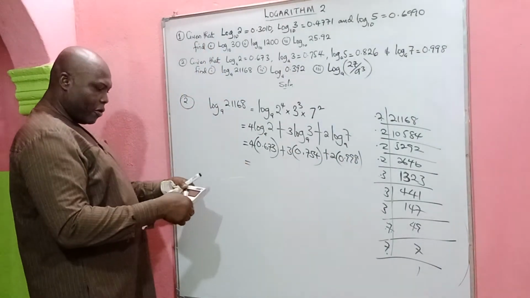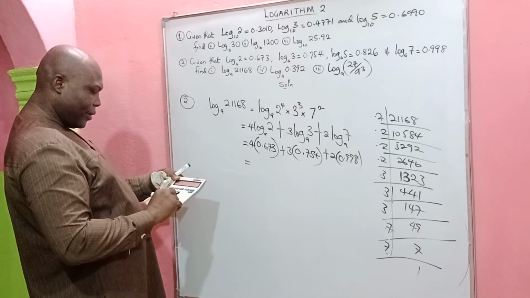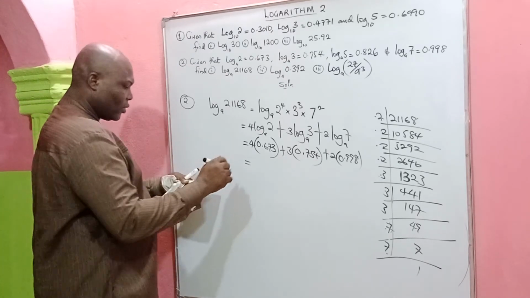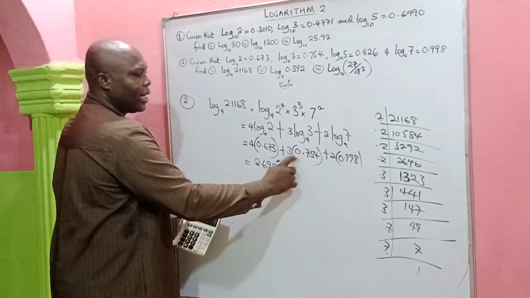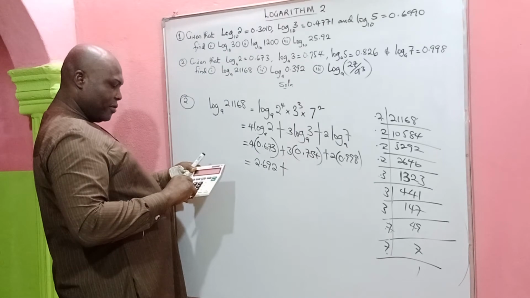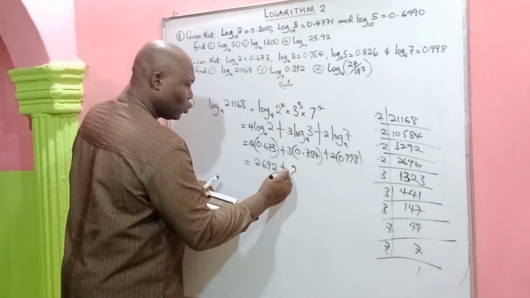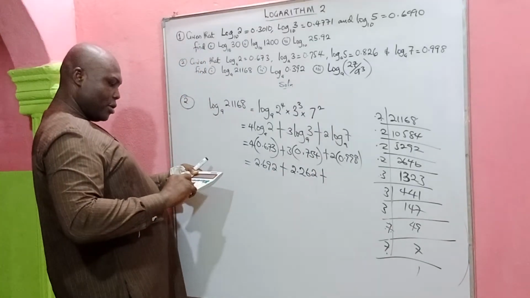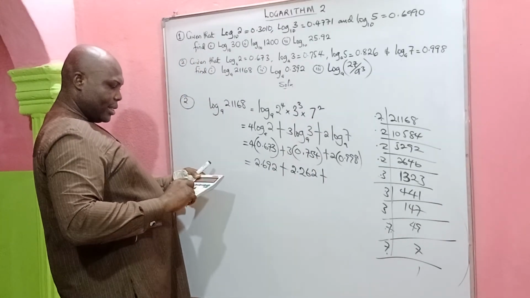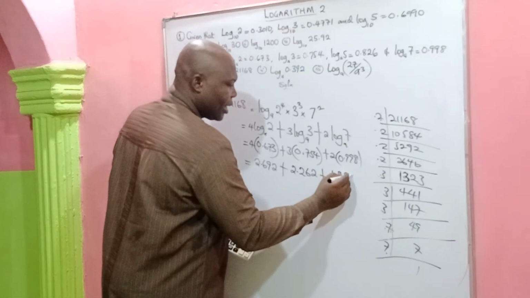This is easy. 4 times 0.73 gives us 2.692, plus 3 times 0.754, which is 2.262, and 2 times 0.998, which is 1.996.